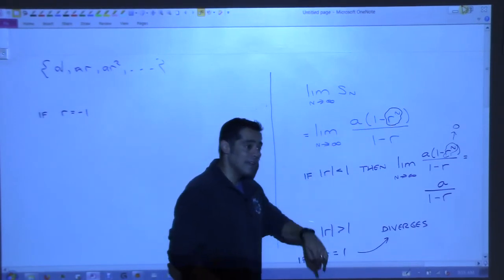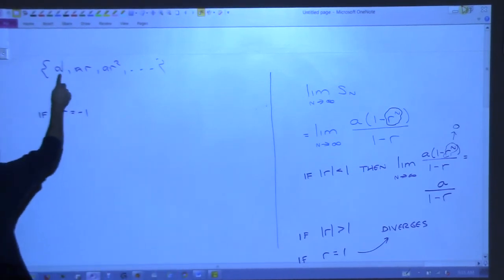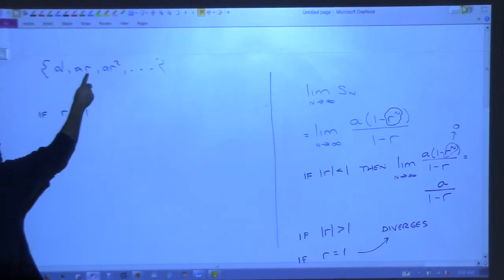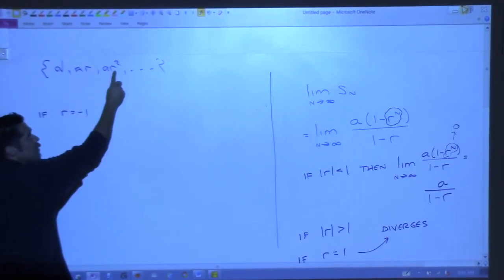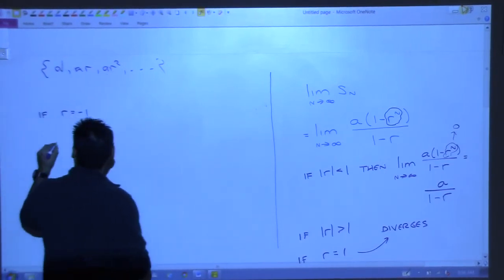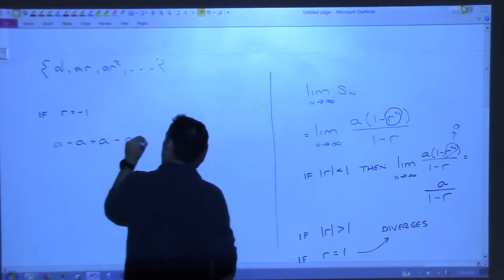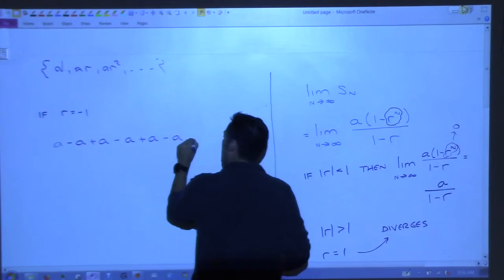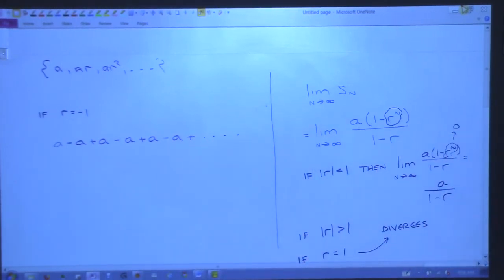But if r was negative 1, what would happen? A, and then what? That's negative 1, negative a, and then that's negative 1 squared, positive a. And so wouldn't it be a minus a plus a minus a plus a minus a plus ... Isn't that what would happen?